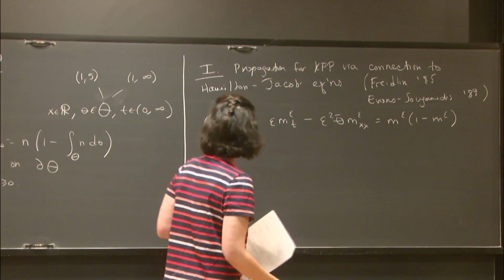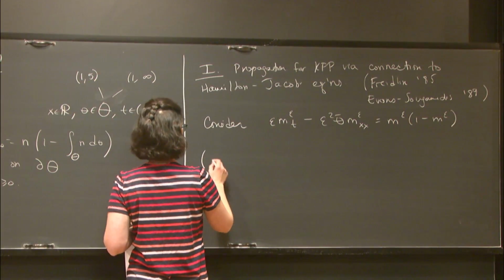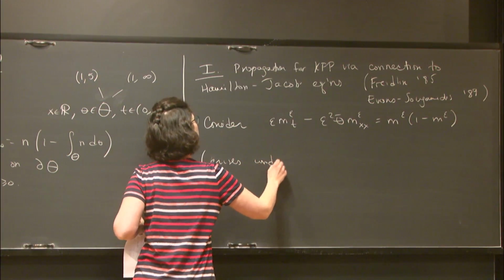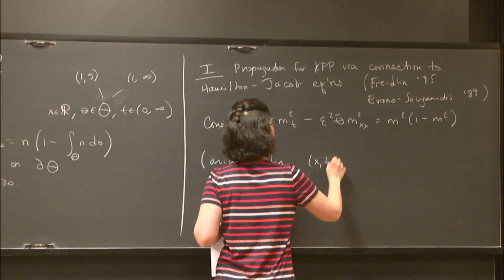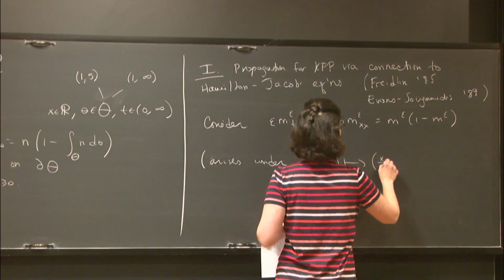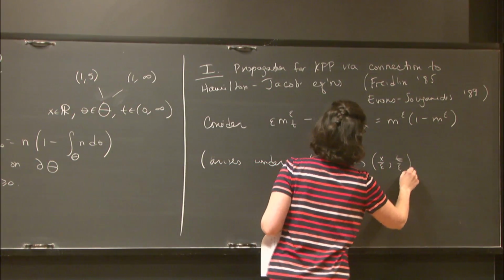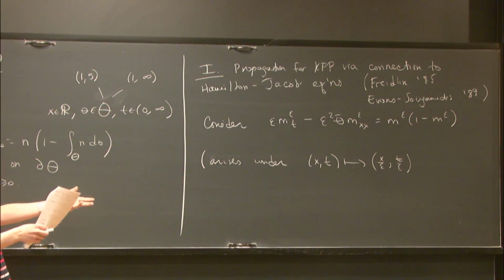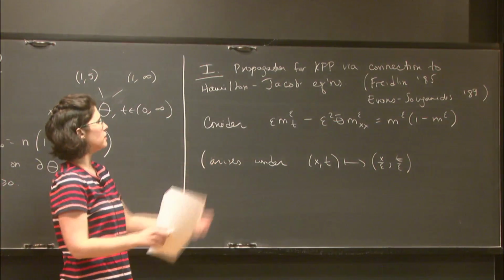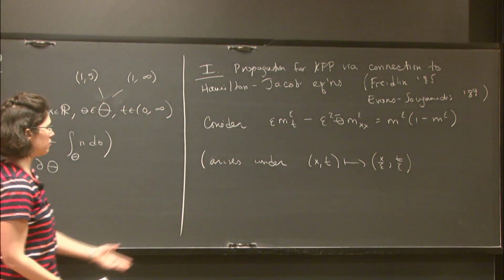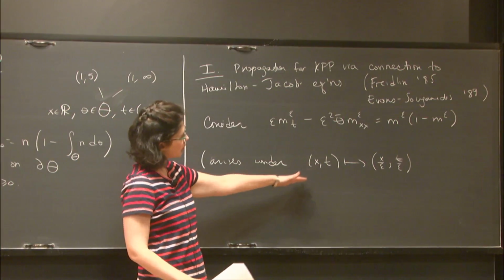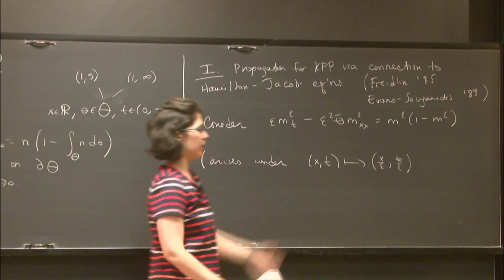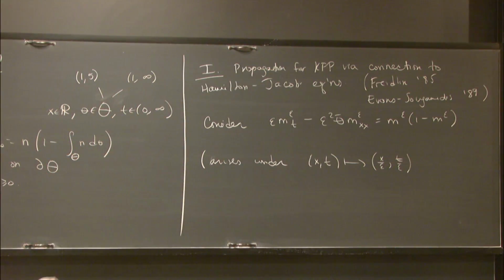This arises under the rescaling x, t goes to x over epsilon, t over epsilon. The goal is to study large x's and large t's, which is the same as looking at small epsilons. So large space and time in the original problem corresponds to small epsilon in the new problem.